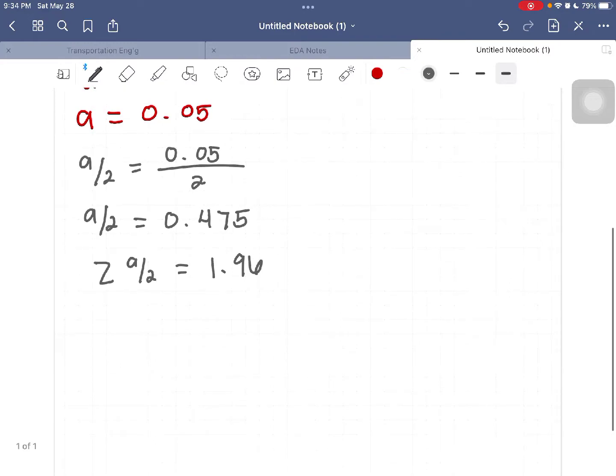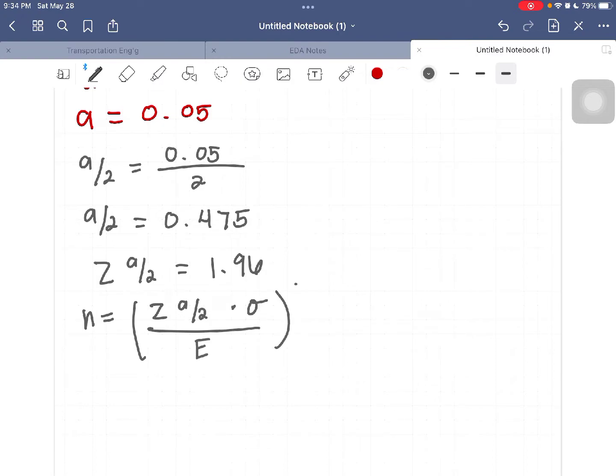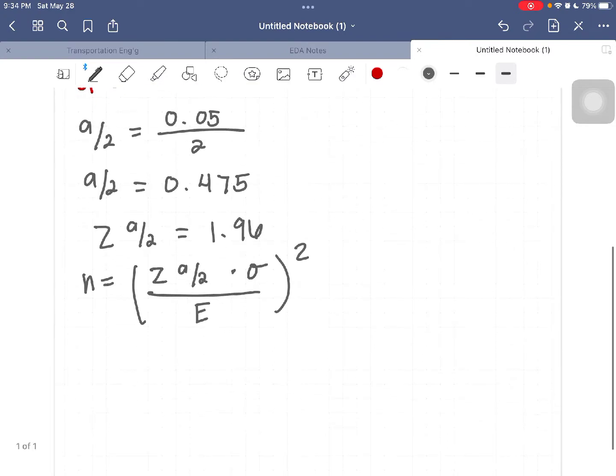which is N is equal to Z, A divided by 2, which is itong 1.96, then times mo sa standard deviation over letter E or margin of error and quantity of 2. So ngayon, isa-substitute lang lahat natin.